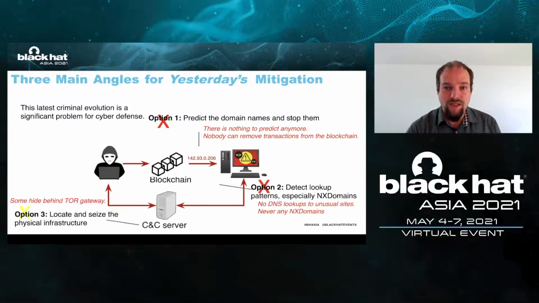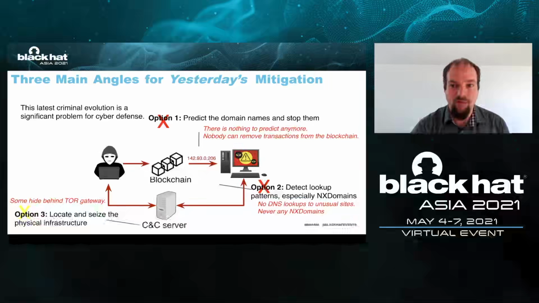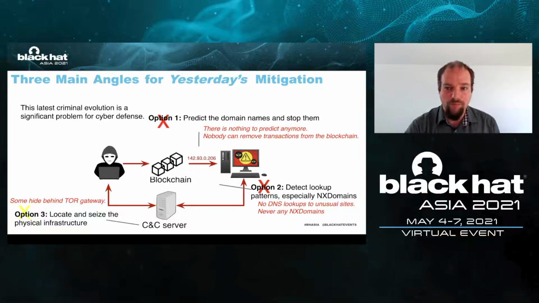So when we look at the three main angles that we introduced for how we deal with malware and botnet infections, we see that we now have a significant problem on our hands from this latest innovation step, because much of what we have been doing doesn't work anymore. Let's look at option one, predicting domain names and stopping them. Well, there is nothing to predict anymore. There is no malware algorithm we can take apart by looking at the sample.